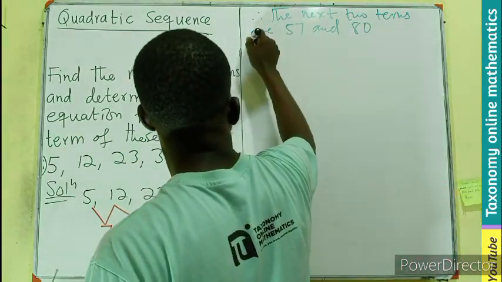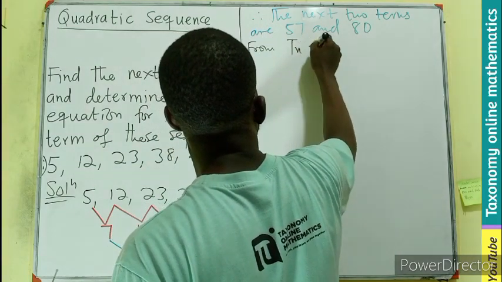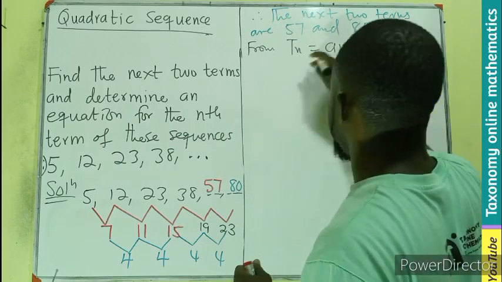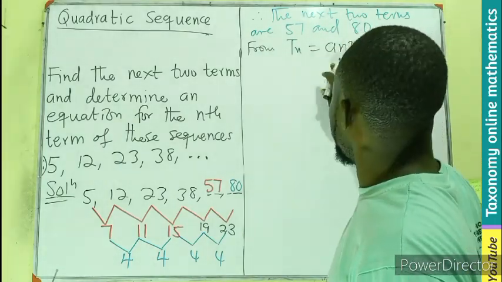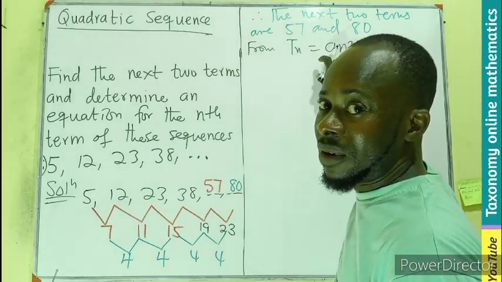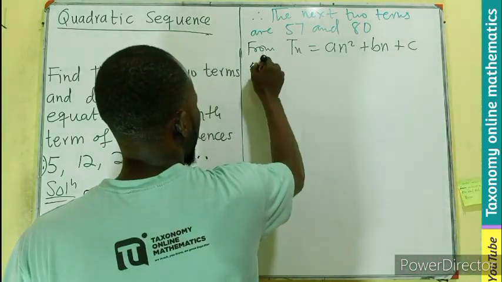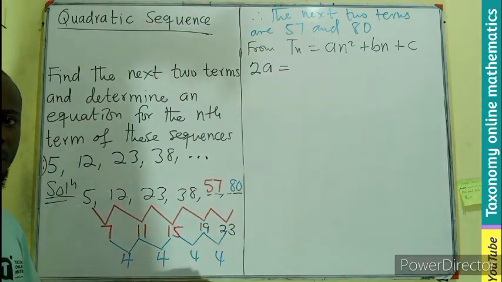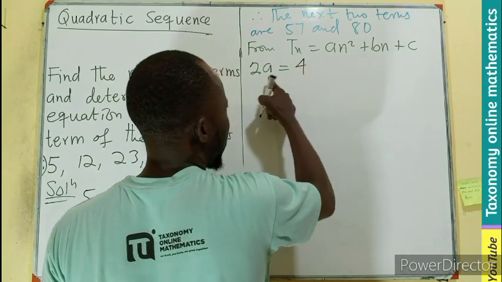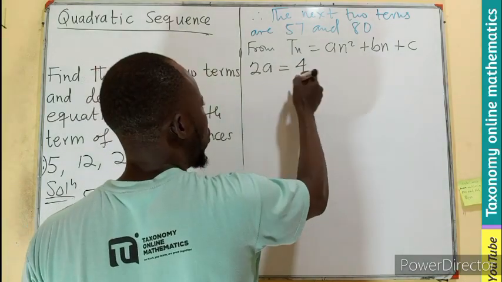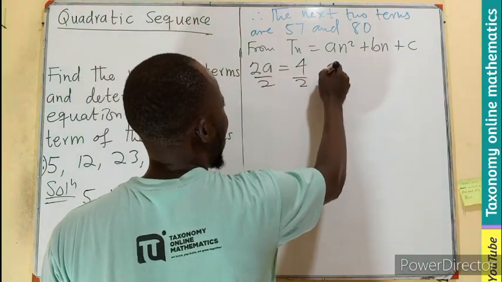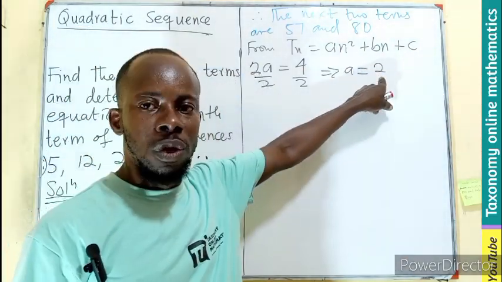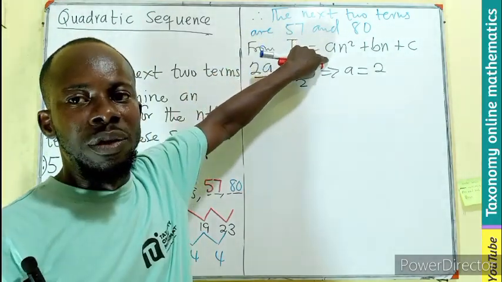We know from Tn equals an squared plus bn plus c. This is the general equation we are looking for. Then the a here is what we are referring to. So we can say that 2a is equal to the second common difference, which is common. Therefore, it becomes 4. If you divide both sides by 2, you have your a to be equal to 2. So a is 2. That's the first coefficient.